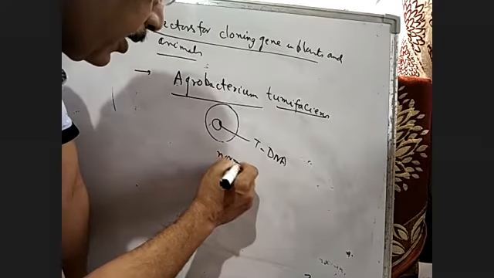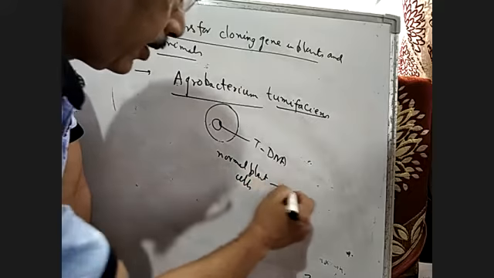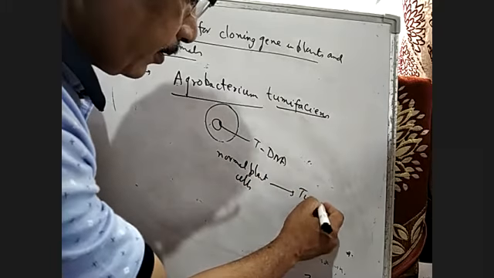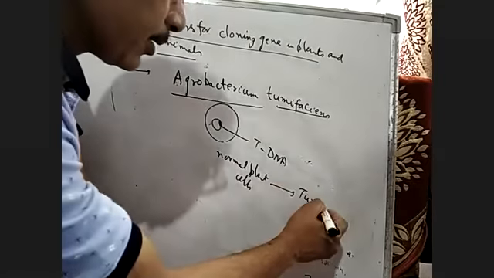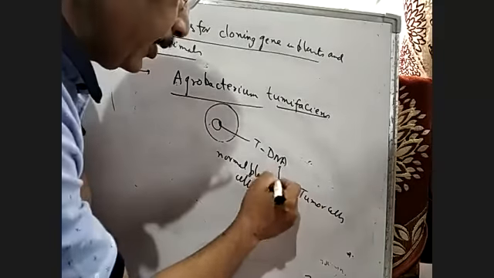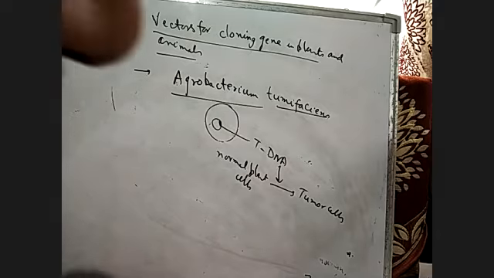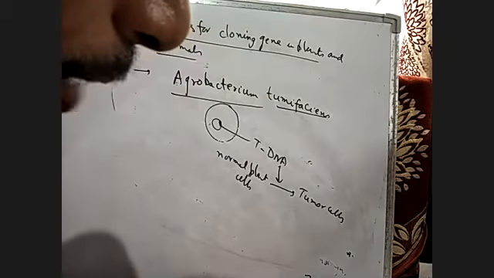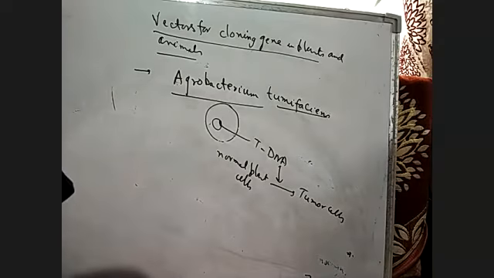Normal plant cells are converted into tumor cells by the help of the tDNA, just like the xylem and phloem tissue is converted into tumor cells. So what happened there? Scientists have actually studied tumor cells.